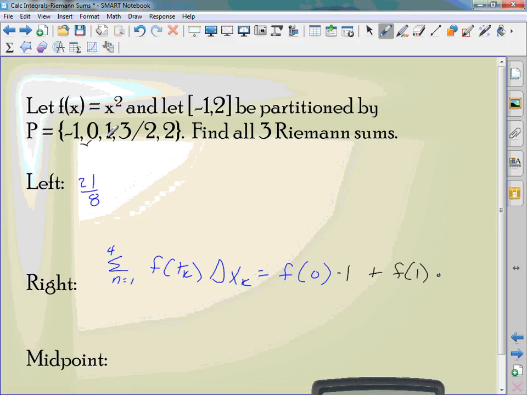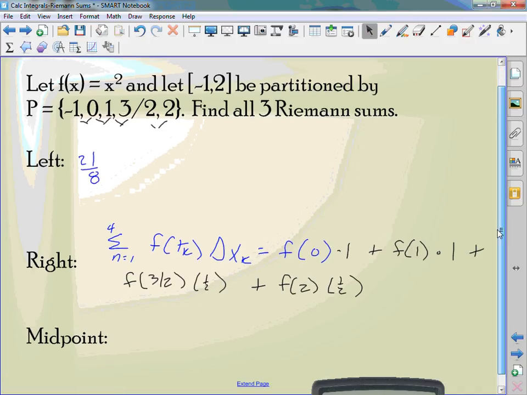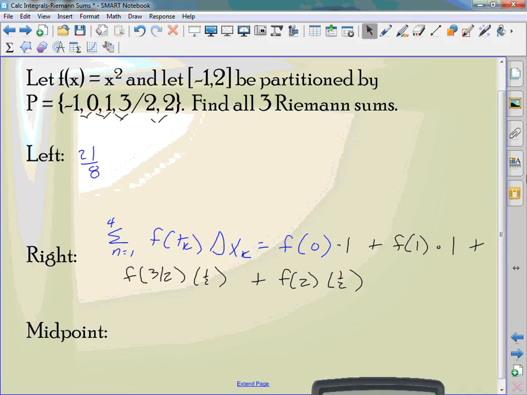Then this one's 1, and the difference between the ones before it is 1. Plus f of 3/2. The difference of the ones before it is half. Plus, and then the last one's f of 2. And the difference between these two is 1/2. And all I do is go through and find every single one.